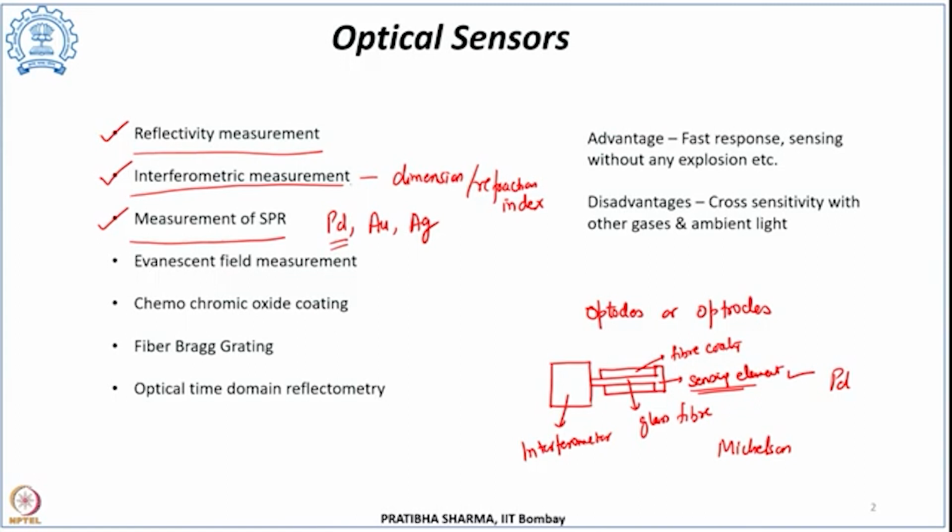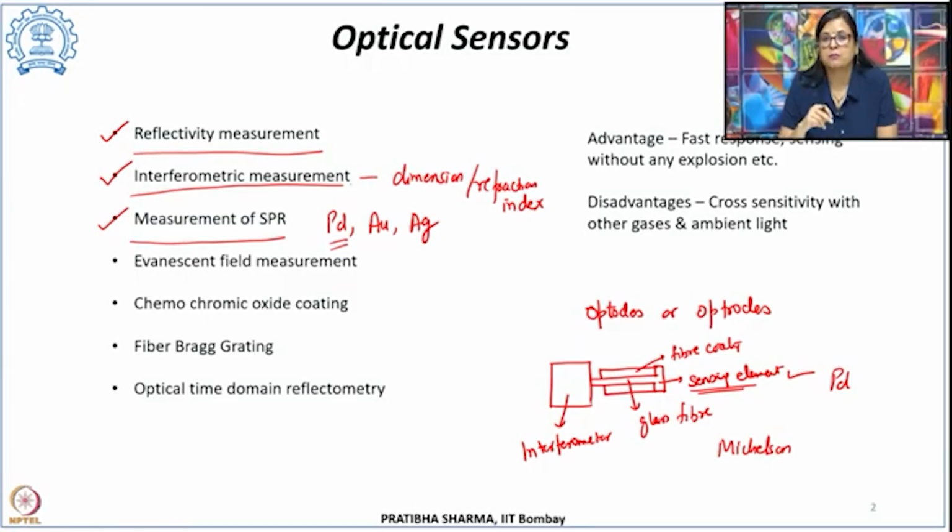Palladium is used because both its electrical and optical properties change when it is exposed to hydrogen. Thus it can be used not only in optical sensors but other types of sensors also.